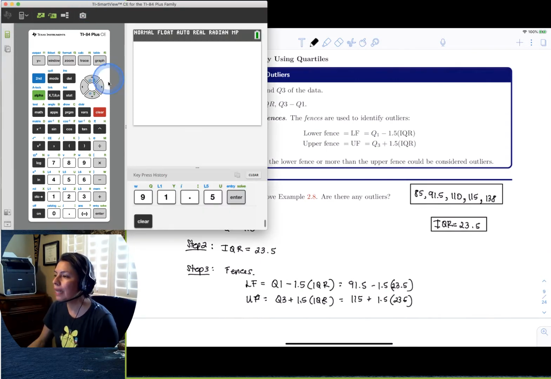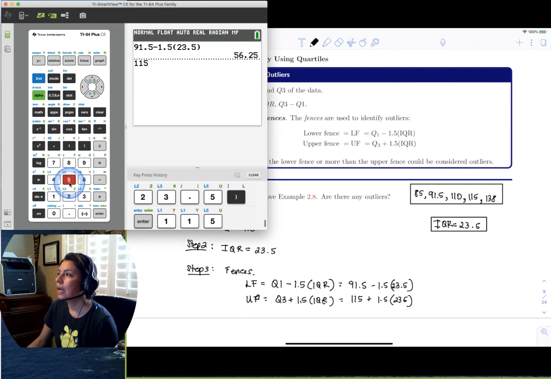Putting that in our calculator, I would do the same formula, adding with the Q3, and the same 1.5 times 23.5.